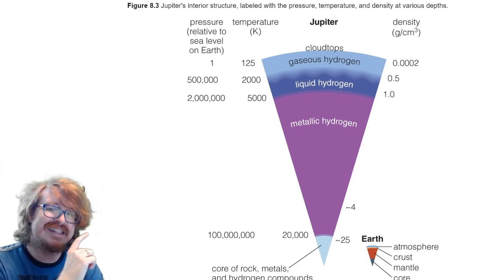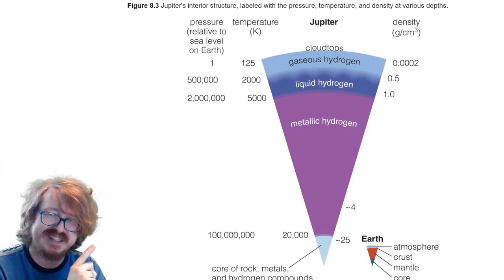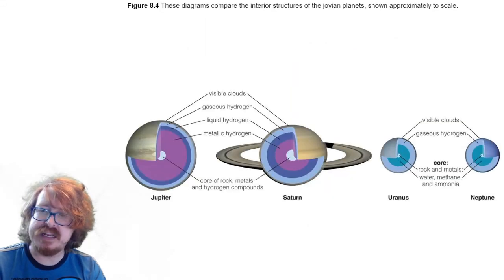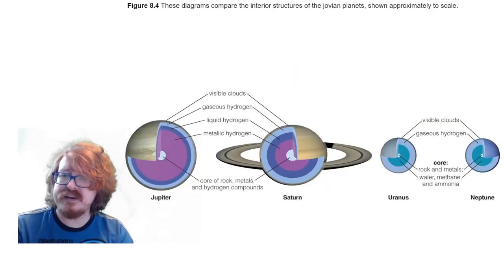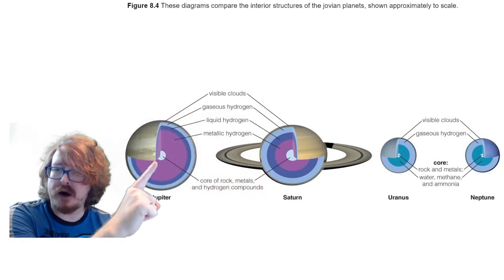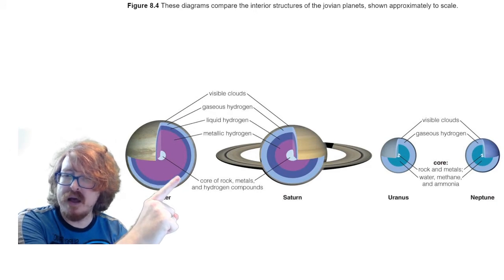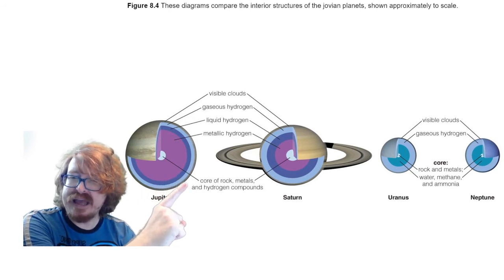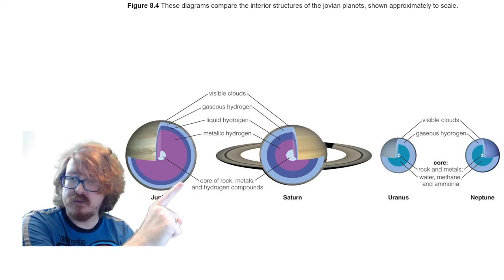So what is different about the layers on Saturn? Okay, let me show you this picture right here. So again, this is Jupiter, this is Saturn. We've got our rocky core, our liquid metallic hydrogen and helium, our regular liquid hydrogen and helium, and our atmosphere right here.